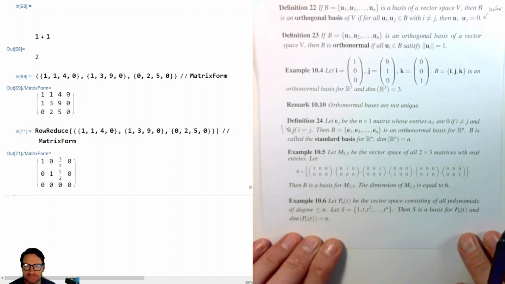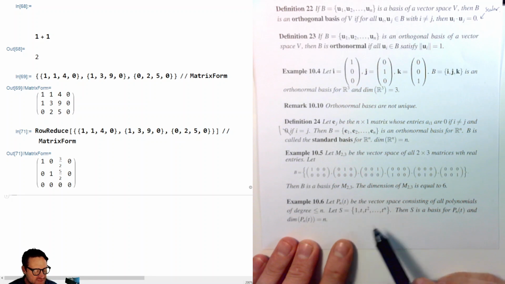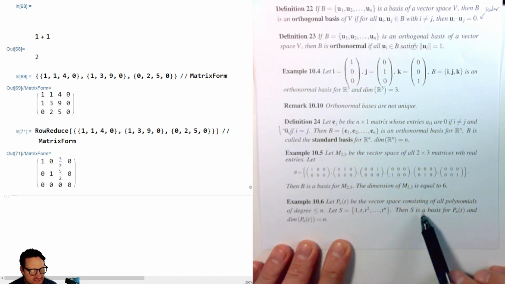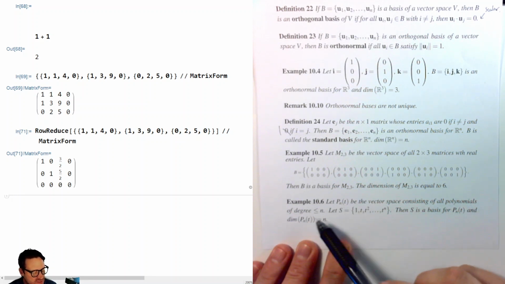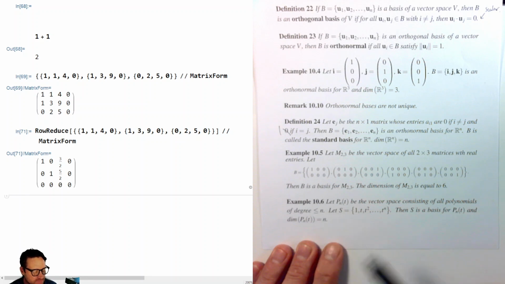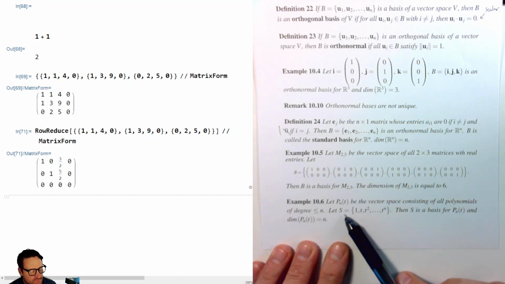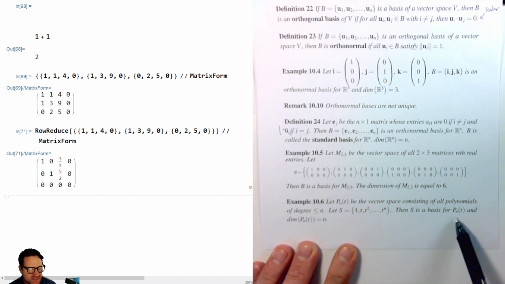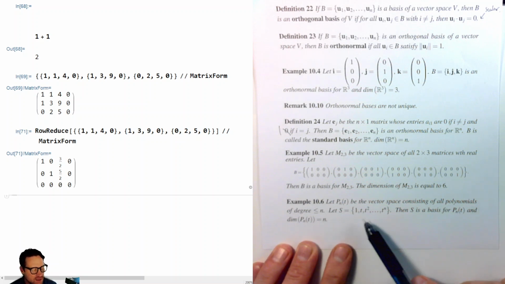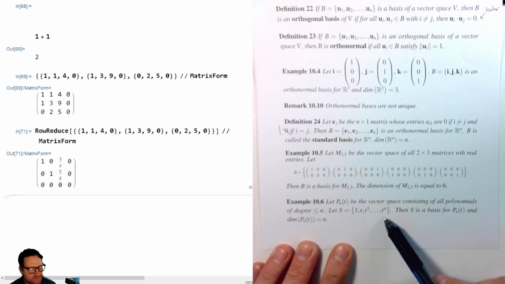Okay, let Pn(t) be the vector space consisting of all polynomials of degree less than or equal to n. Let S be the set {1, t, t squared, ..., t^n}. Then S is a basis for this vector space of polynomials. So again, these polynomials are linearly independent.